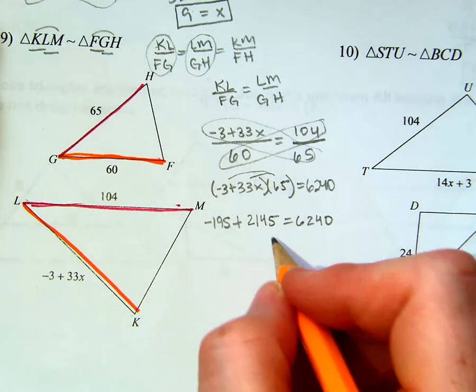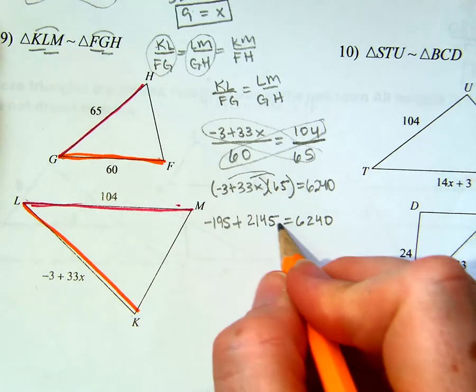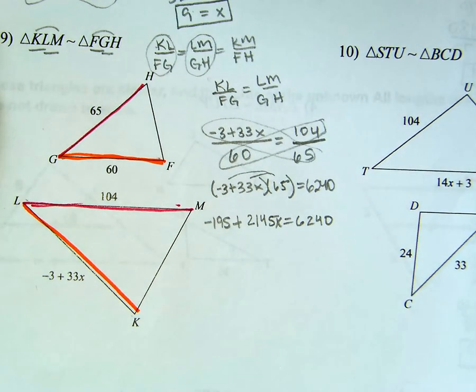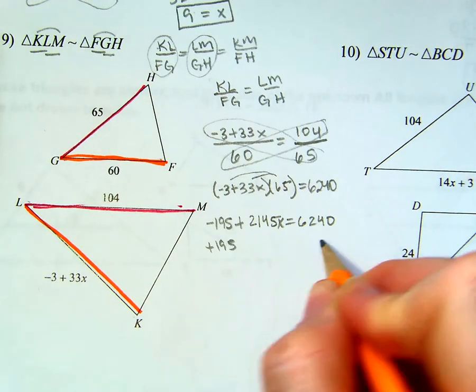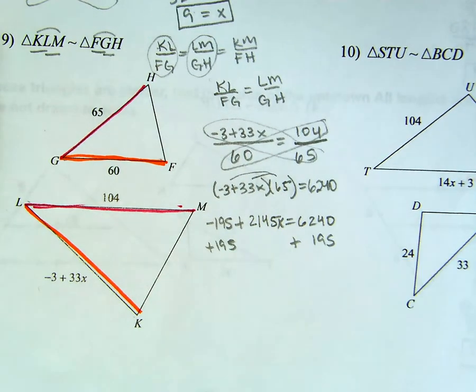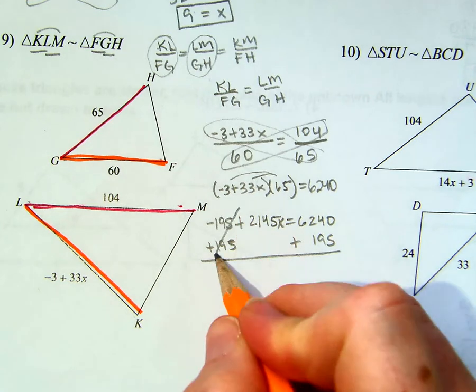Okay. And there's an x on one of those, this one. Then I'm just going to solve this. So now it's just a little simple algebra problem. So I'm going to add 195 to 6240. And because these numbers are so big, I don't want to mess it up, so I'm going to type it in my calculator here.